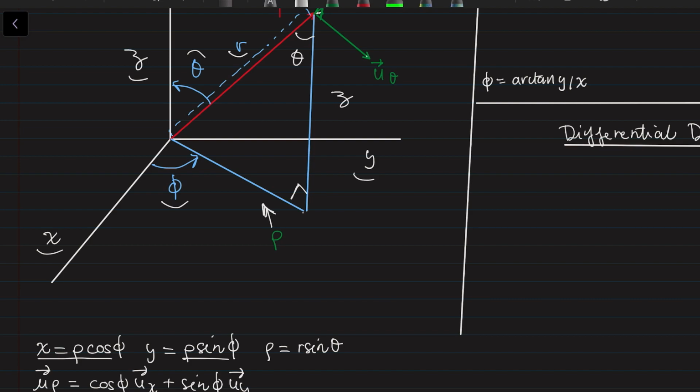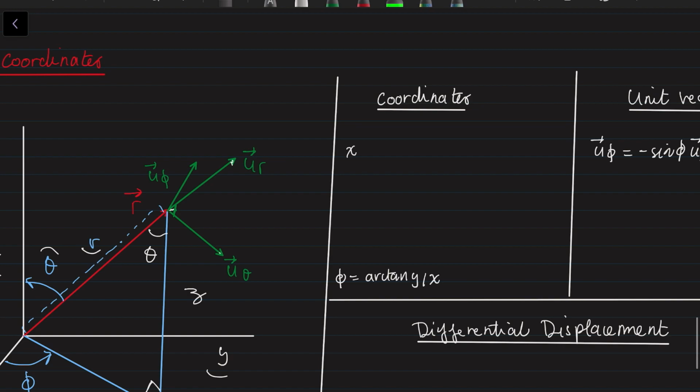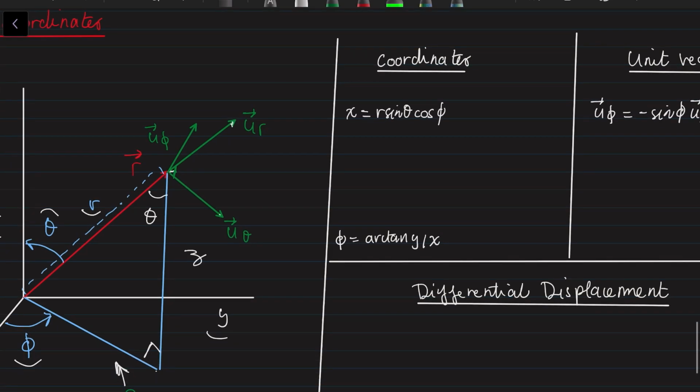So actually this makes it very easy to get the expressions for x, y, and z in terms of r, theta, and phi, because all I have to do is replace rho by r sine theta. Okay, so let's write it down. So x equals r sine theta cosine phi, y equals r sine theta sine phi.